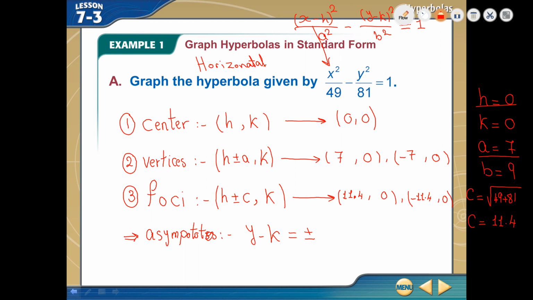So I can write B over A times x minus h. I need to substitute. Who can help me substitute?